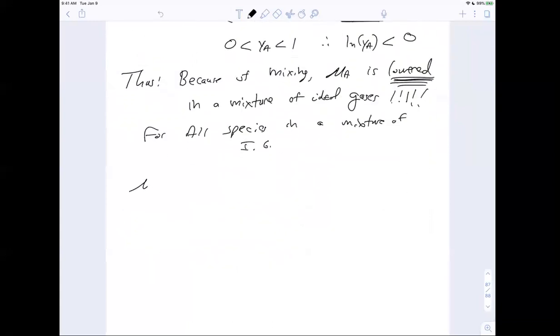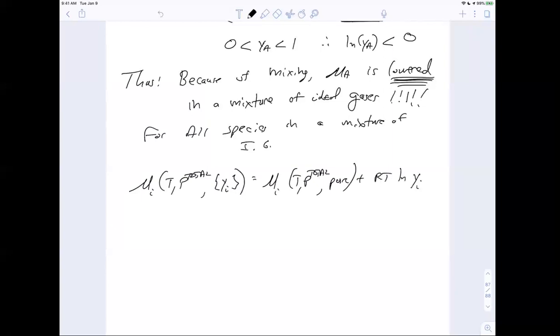mu sub I at T and P total, with mole fraction y sub I, is equal to mu sub I at T and P total pure plus RT natural log y sub I. Because y sub I is less than 1, that's going to contribute to a lowering of the chemical potential.